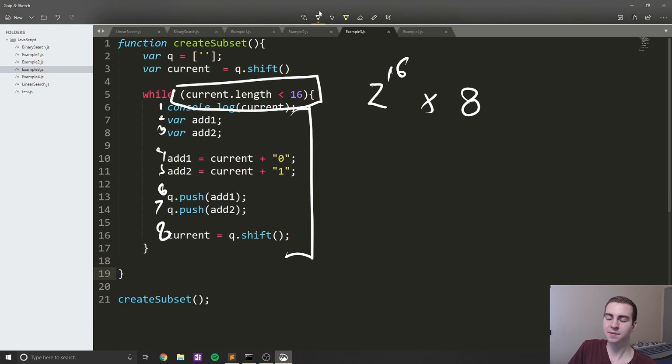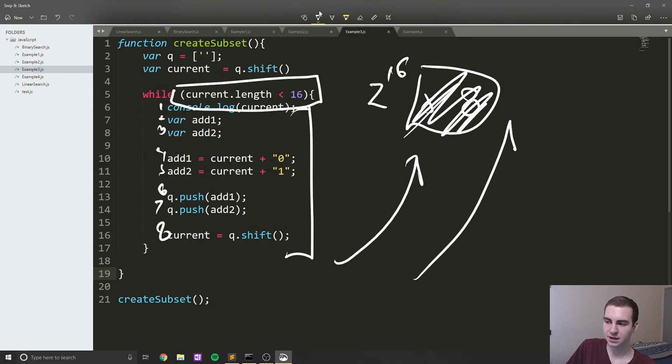Multiplying it by 8, yeah, it makes it 8 times larger, but really, we can just neglect this because it doesn't really tell us anything more about the shape. We know the shape is exponential and it's taking a really long time. So multiplying it by 8 doesn't really give us much value. It just tells us it's 8 times larger. It doesn't tell us the shape of the increase, which is what we care about. We just care about the shape of the increase, okay? So that's kind of it for that one.